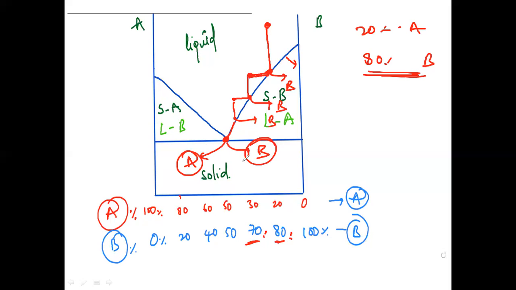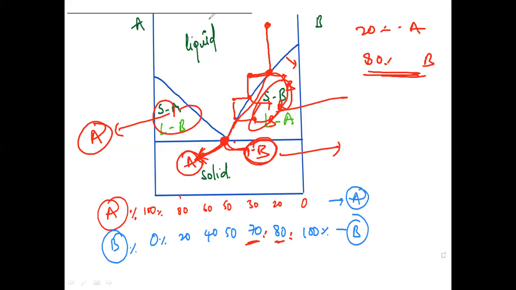At this particular region A solidifies and B solidifies. But above this, wherever you take, in this area only B solidifies, and in this area only A solidifies. You must understand that point.